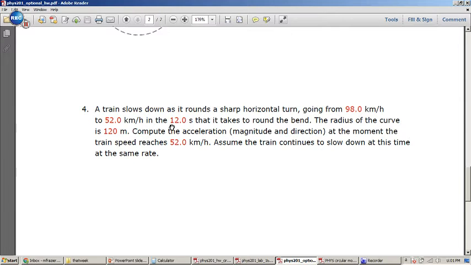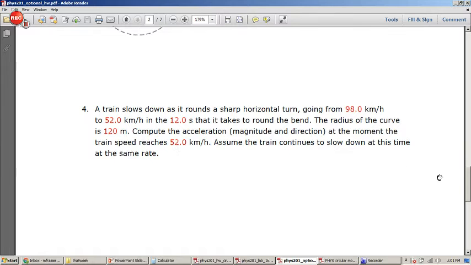That gives you the tangential acceleration. And then from the radius and the speed at a particular point, you get the radial acceleration. That's a is v squared over r. And so you get the two components. Can you find the length and direction from two components?